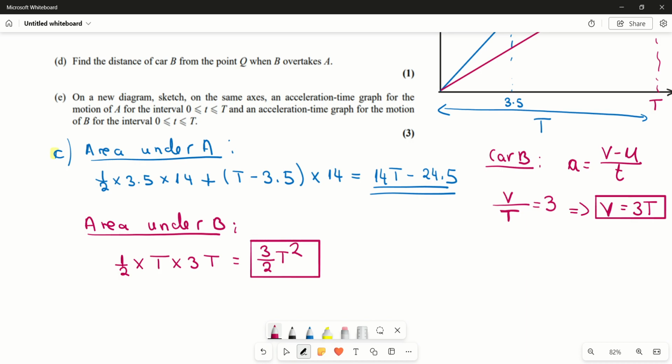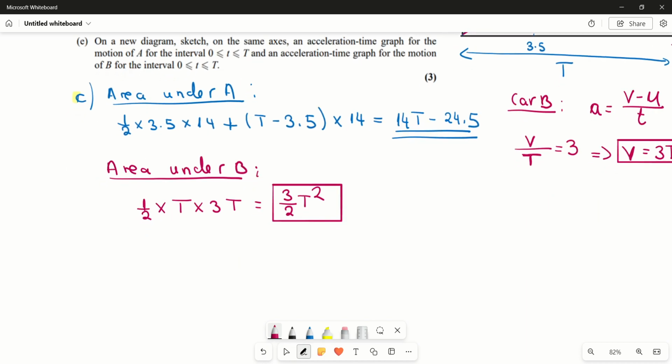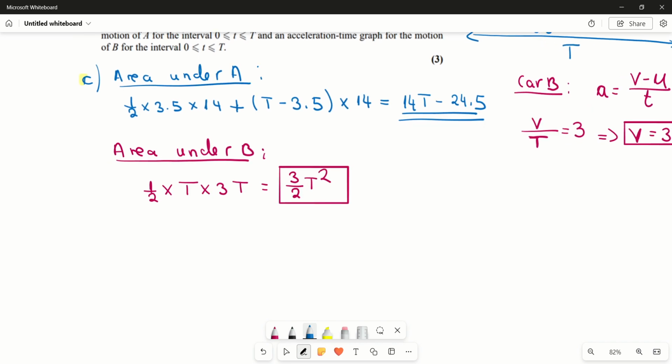Now the areas under the two graphs must be equal. So the area under A is equal to the area under graph B. So I'm going to set 3t squared over 2 equal to 14t minus 24.5.